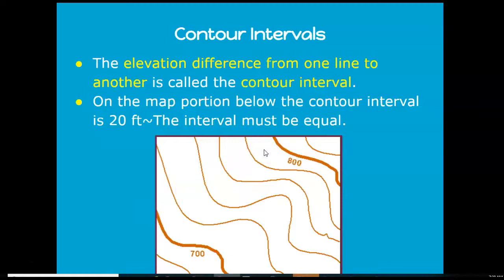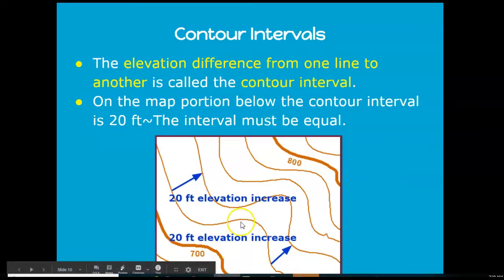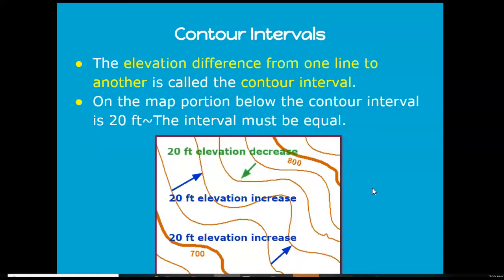So 100 divided by 5 gives me 20. That means each of these lines is increasing by 20. So this is 700, 720, 740, 760, 780, and 800. If I work backwards, it's a decrease, still going by 20s.